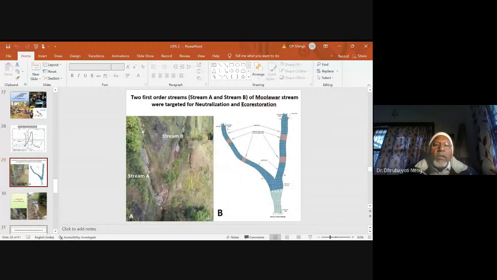You can see here the photograph of these two streams, stream A and stream B, and this stream is joining and then water is going further. Here is the diagrammatic representation of those two streams A and B, and it was situated in Mulawar. The name of the stream was Mulawar, and so what we did.